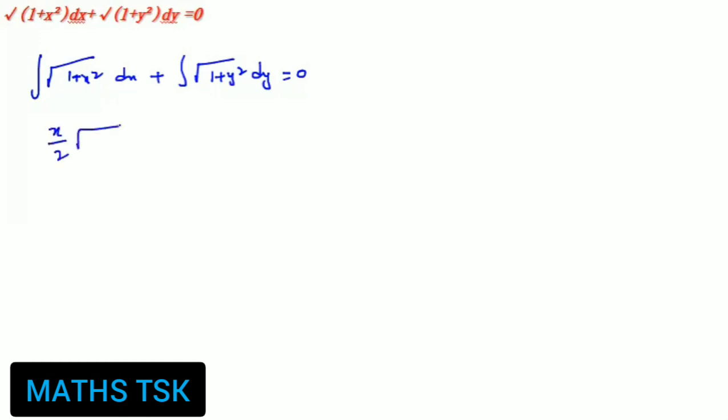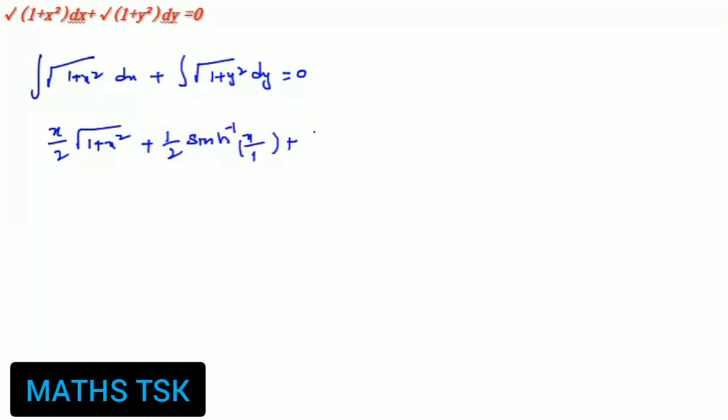Next one, root of 1 plus x square into dx plus root of 1 plus y square into dy is equal to 0. Already they are separated. So now integrate directly. Integration of root of 1 plus x square dx plus integration of root of 1 plus y square dy is equal to 0. What is the integration of root of a square plus x square? This is x by 2 root of a square plus x square plus a square by 2 sin h inverse of x by a.